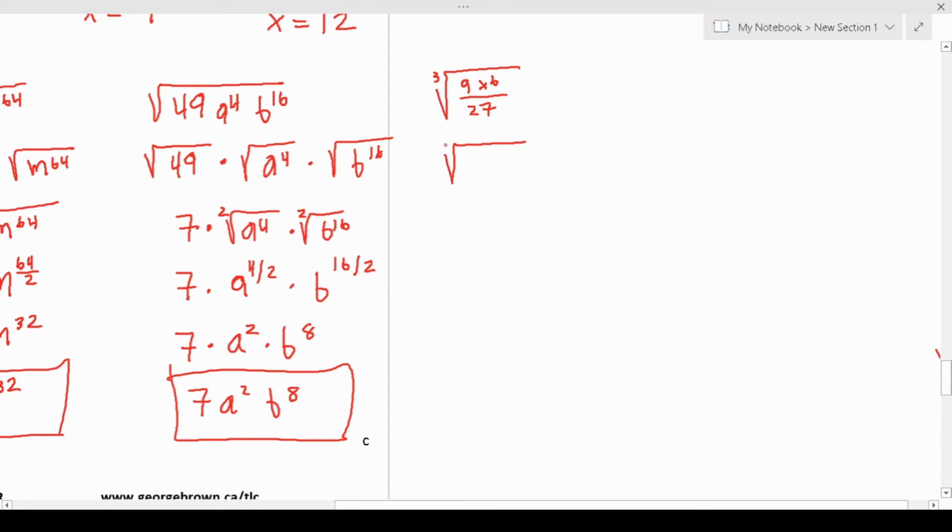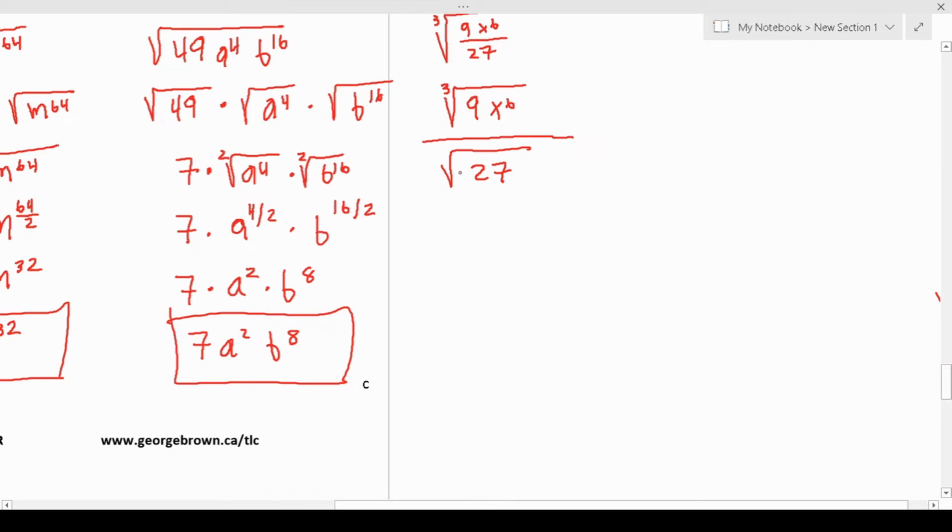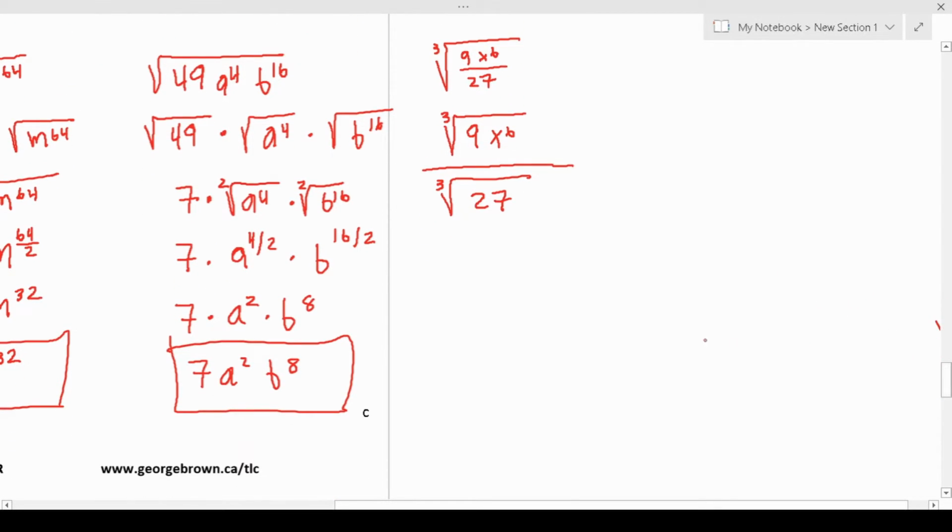This becomes the cube root of 9x to the 6th over the cube root of 27. We should realize that the cube root of 27 is 3. Again, that was in the chart I mentioned, so this becomes over 3.